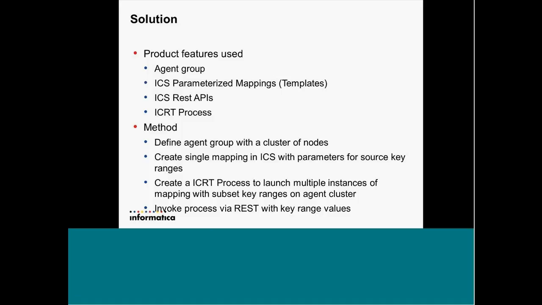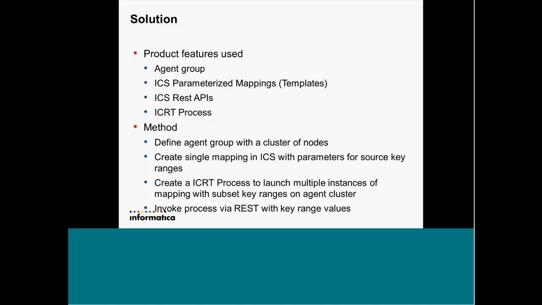So basically, the method is: define the agent group with a cluster of nodes, right? Create a single mapping in ICS using the mapping designer, which has parameterized aspects of the mapping that allow you to specify the source key range, like what data subset do I want to extract from the source, or what key range do I need to use within the lookups and so forth.